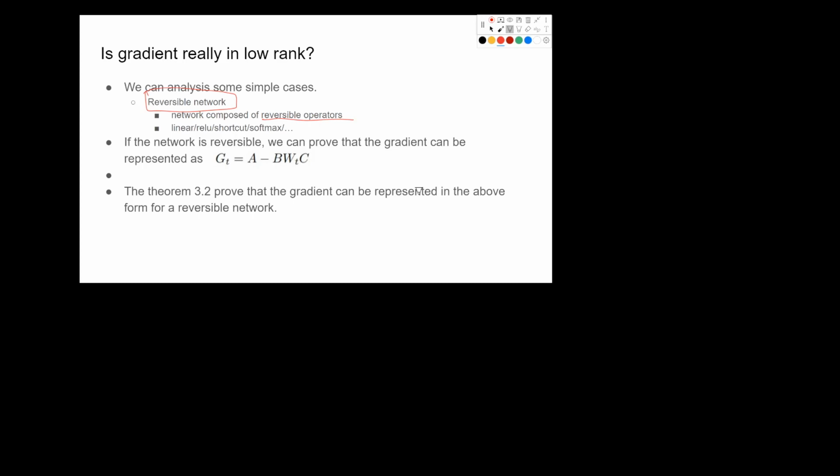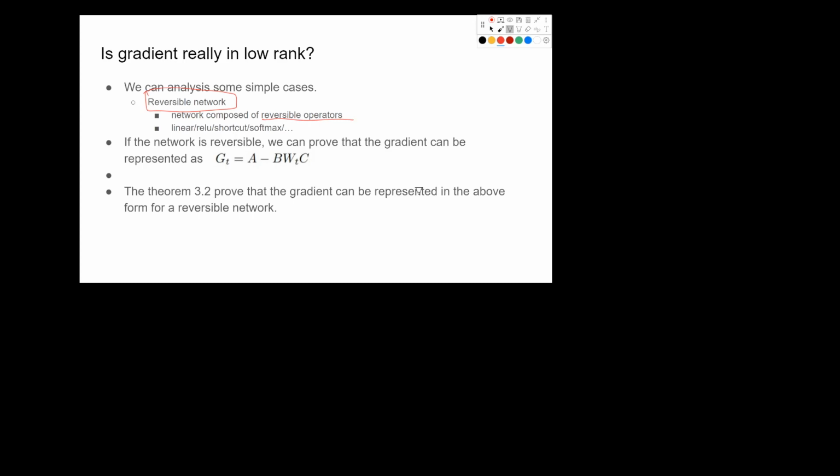So overall, the transformer is not a reversible network, but we can still try to use this to analyze the gradient inside this kind of network. Because now, with linear, ReLU, shortcut, and softmax, we can already compose a lot of networks.